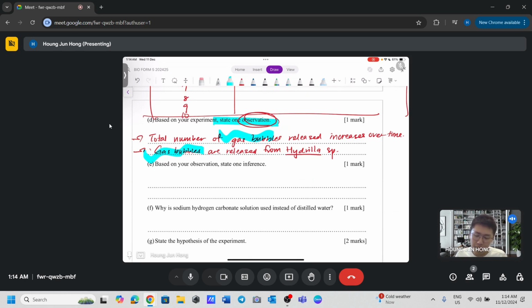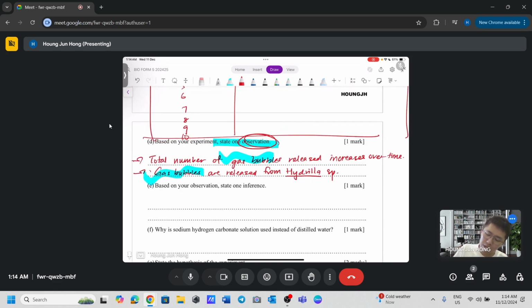Let's move on. Why do the bubbles keep increasing? Very simple: because of photosynthesis. Because your hydrilla species undergoes photosynthesis. First of all, what is a bubble? Oxygen. How do you produce oxygen? It comes from photosynthesis.